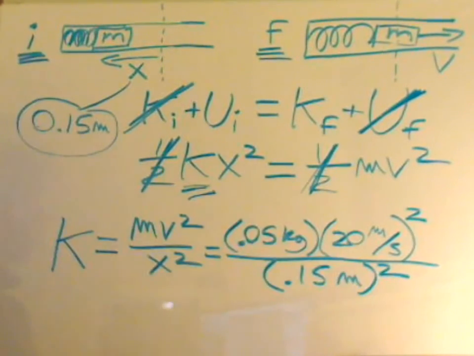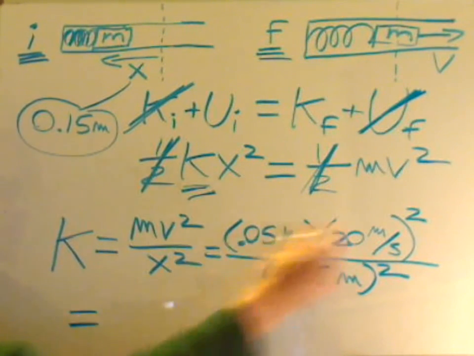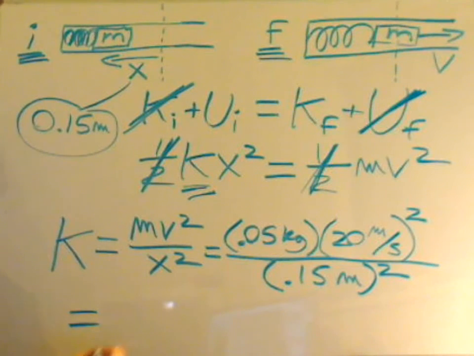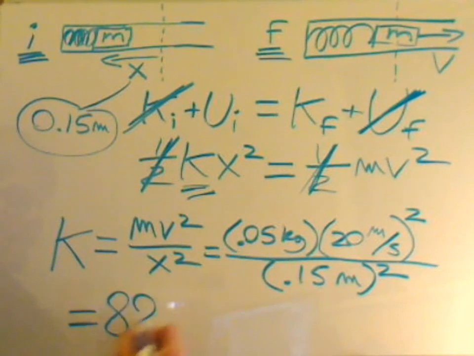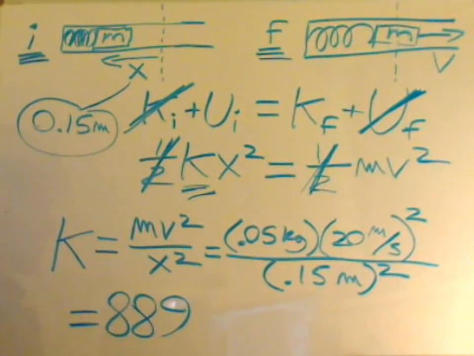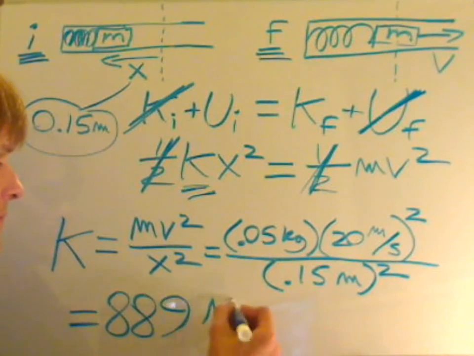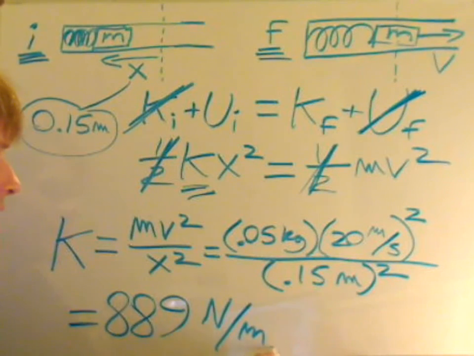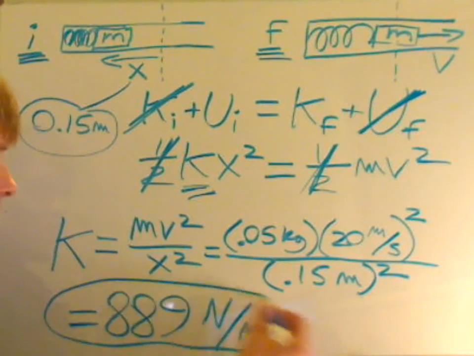And that's squared as well. So solving for k then, when you do this arithmetic here, what you get is the number 889. And the units for the spring constant are newtons per meter. And that's the case if everything else is in its proper units.